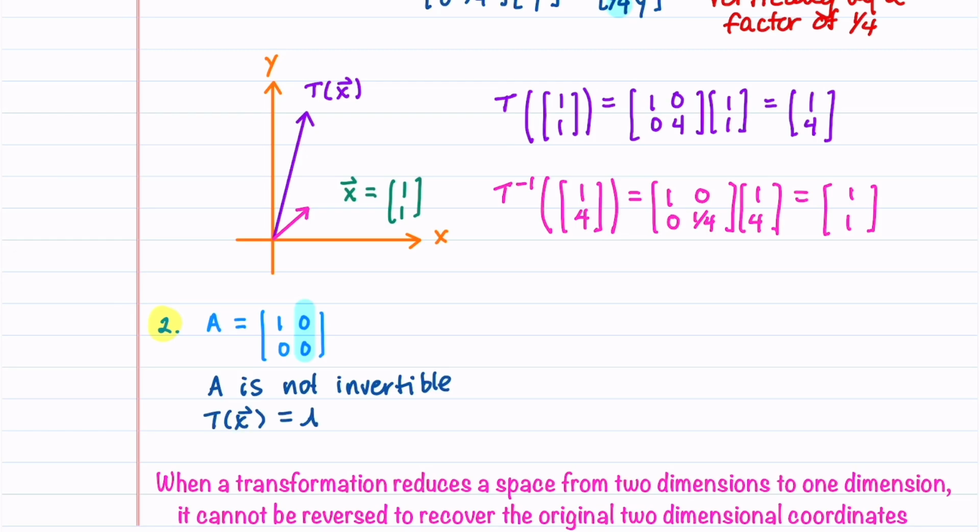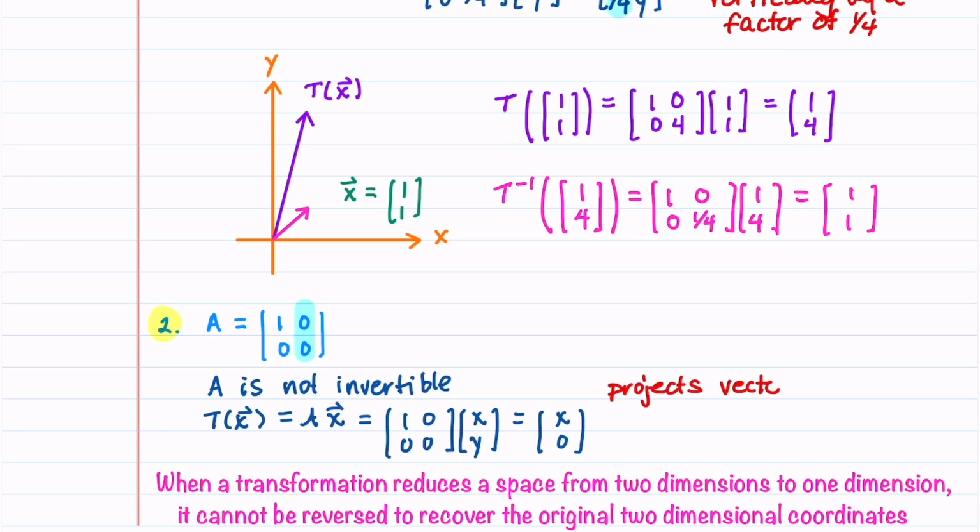Our T of x is equal to A times x, and that's 1, 0, 0, 0 times x, y, and that gives us the vector x, 0. This linear transformation projects vectors onto the x-axis.